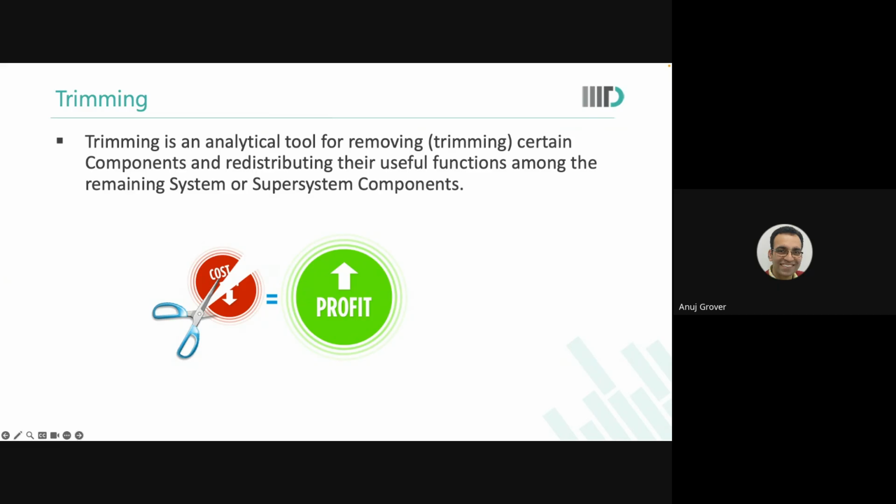I repeat, trimming is an analytical tool for removing certain components and redistributing their useful functions. I'm stressing on the word useful over here. Useful functions amongst remaining system or supersystem components.